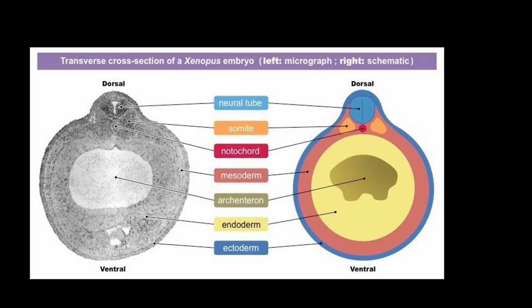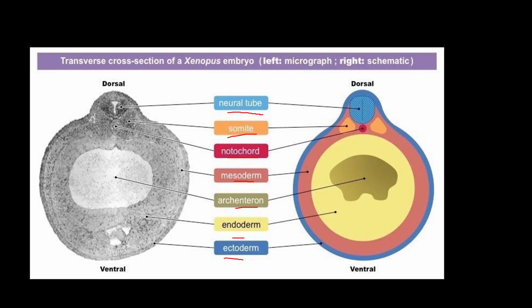For me, it's important that you are able to identify where is the neural tube, where are the somites, because later in the semester we will talk about the somites, and where the notochord is, which, as I said, will stimulate the formation of the nervous system, where is the mesoderm, the archenteron, the endoderm, and the ectoderm, that the ectoderm is outside and the endoderm is inside.